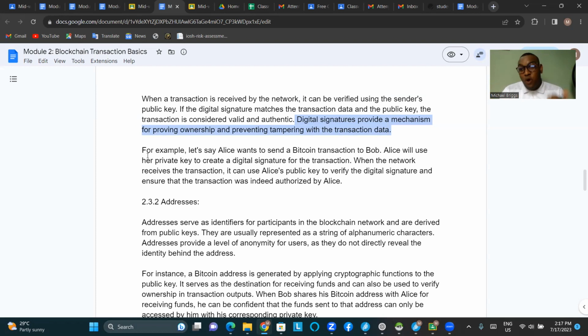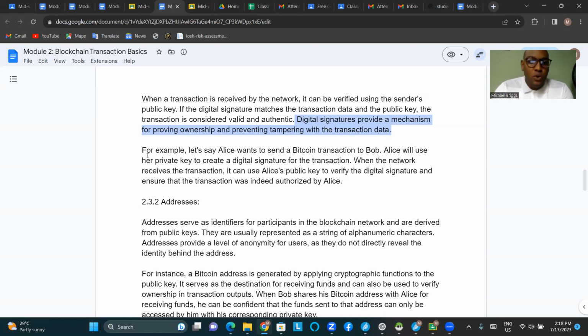No. What the blockchain uses to verify that the transaction is coming from Alice is by comparing the digital signature of that transaction if it matches Alice's public key. All right? Or rather, Alice's private key. Okay? So once the transaction data matches the public key, the transaction is considered valid and authentic.